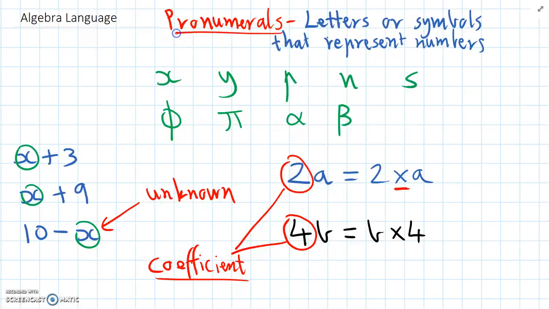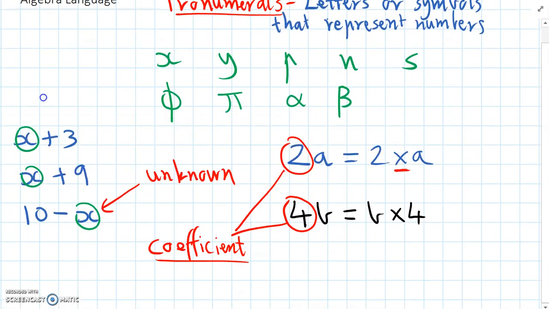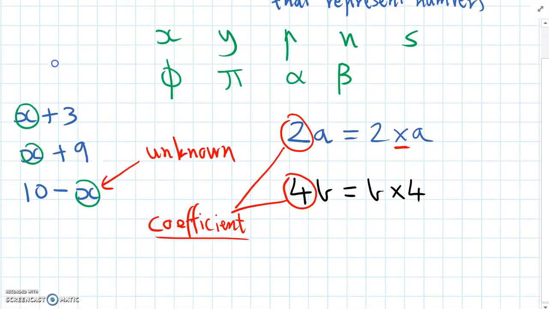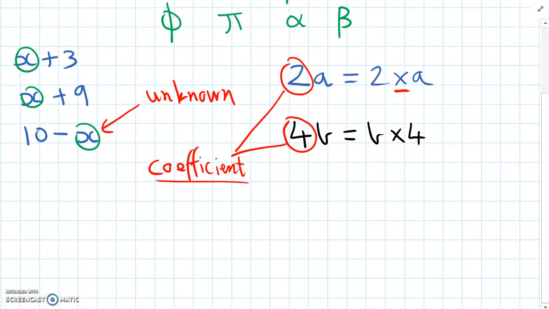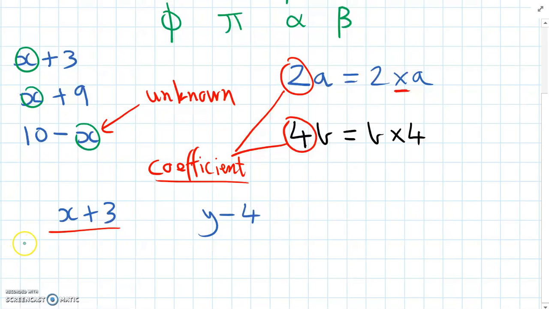So there are quite a few new words to learn in algebra. Basically, it's like learning a new language. Once we've started making expressions with variables, we can just start describing them. So if we have x plus 3 here, this is the same as the sum of x and 3, because sum always means adding or addition.